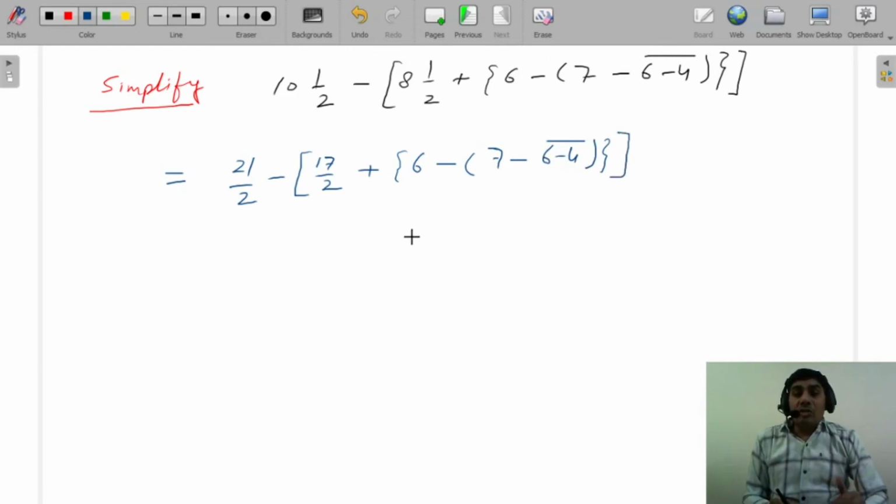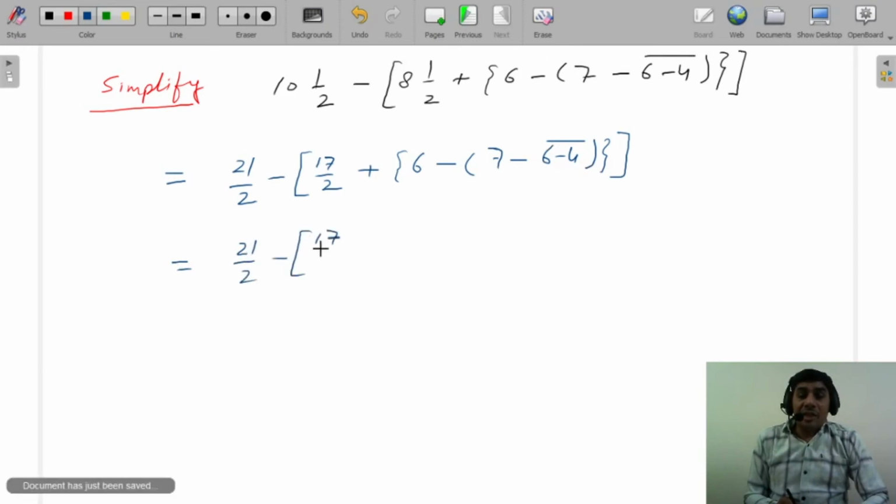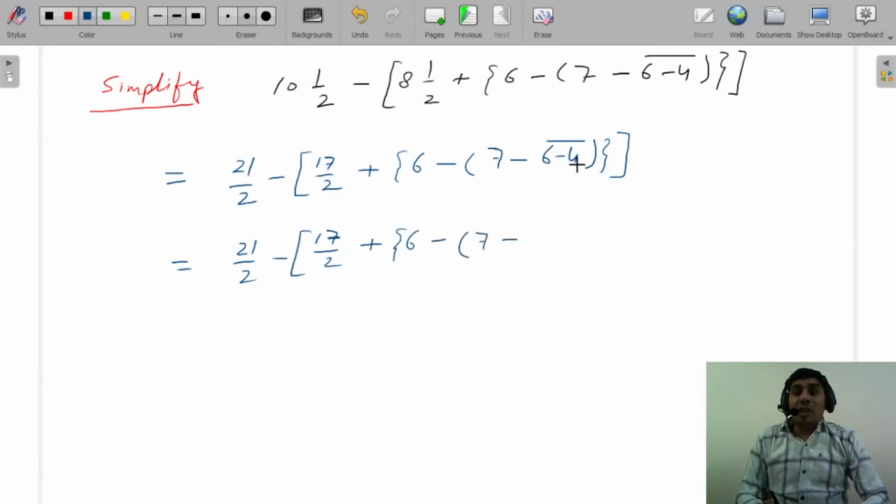Now we have to use the trick VBODMAS, because in this expression a bar appears. So first of all we have to solve the vinculum, that means solve the bar, which is equal to 21 by 2 minus capital bracket 17 divided by 2 plus curly bracket 6 minus small bracket 7 minus 6 minus 4 bar.